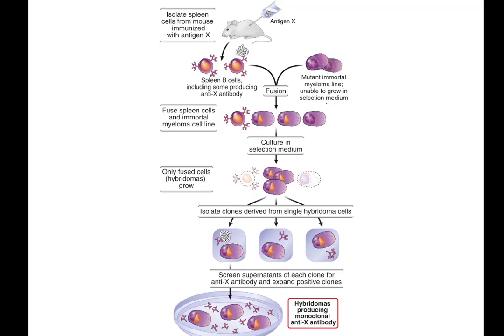So we're going to keep these and throw those away, because those might have done something different that we didn't want. Okay? And then we have this plate with our now fused cells, myeloma and B cell, producing our specific antibodies.